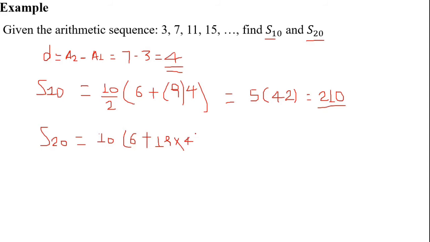So this can be further simplified as 10 times, so here 19 times 4 is 76. So 6 plus 76 is 82.